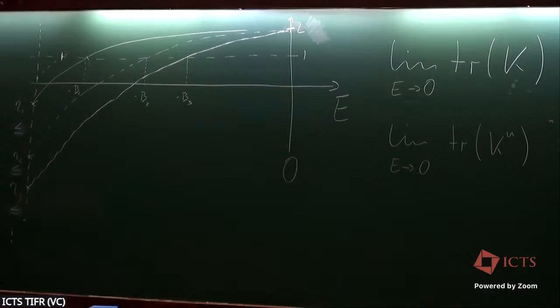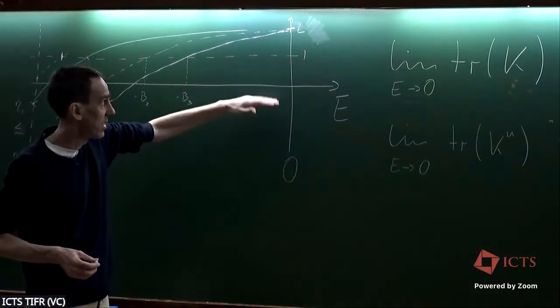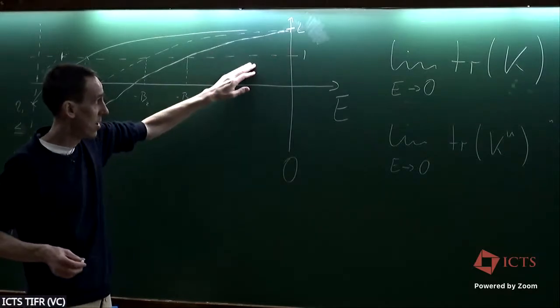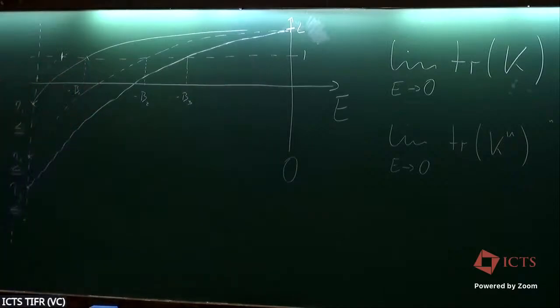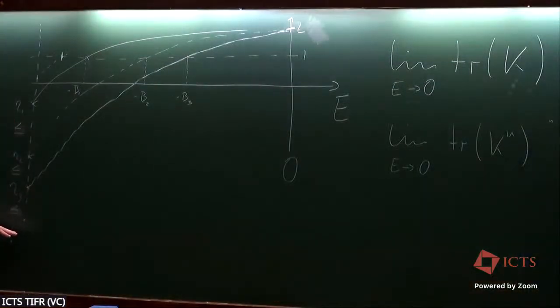It doesn't mean that there are no other eigenvalues which stay below, come back and end up somewhere here. The only important thing is the ones which cross 1 once. This is guaranteed through that monotonicity and the fact that I have an infinite number of them starting below 1. And this is where the argument goes a bit back and forth.